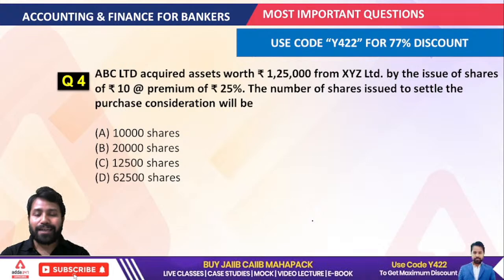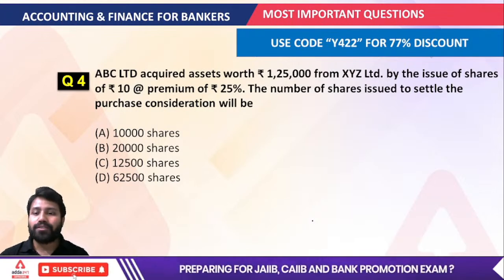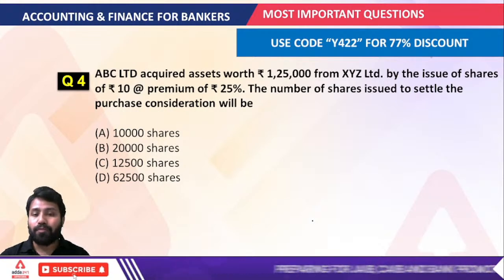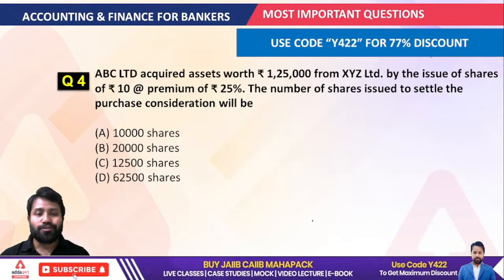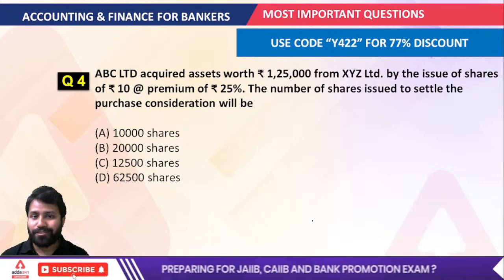ABC Limited acquired assets worth 1,25,000 from XYZ Limited by the issue of shares of 10 rupees with a premium of 25%. So what is the number of shares issued to settle the purchase consideration? You may get this kind of question in the examination.